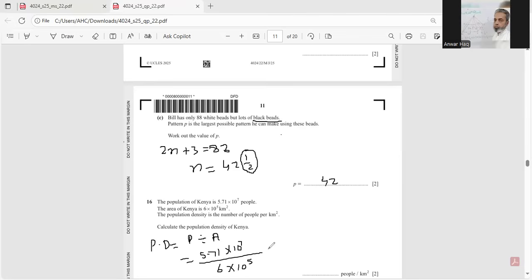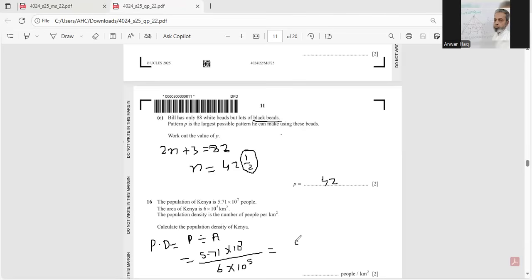So after simplification by using calculator, 5.71 divided by 6. This is 0.952.